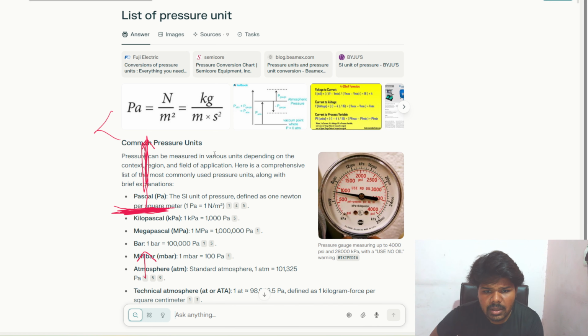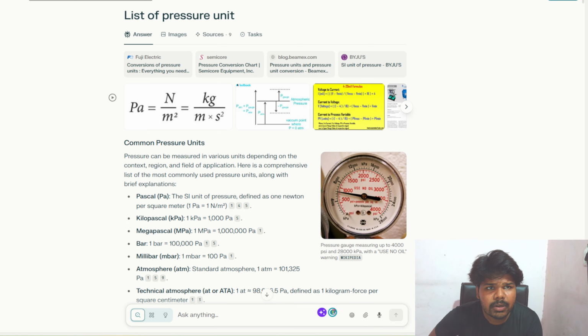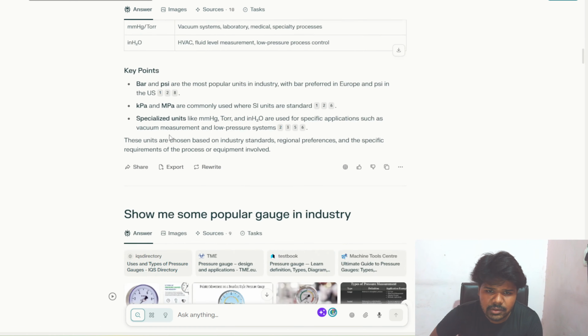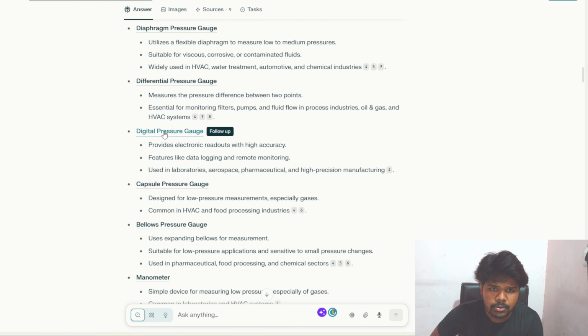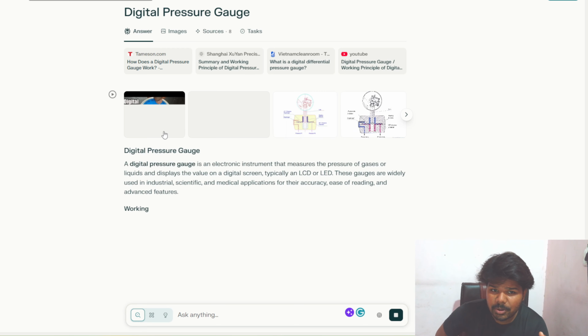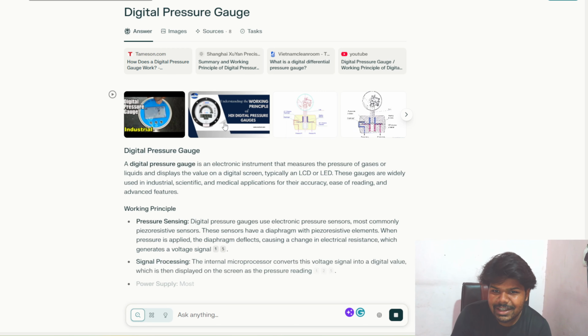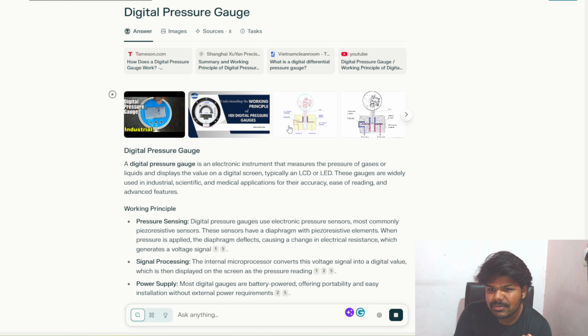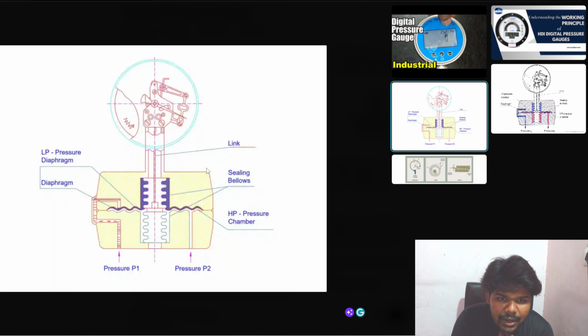Okay, and wait a minute. I have to show you other pressure gauges. You can see the diaphragm or Bourdon tube. Now a digital pressure gauge is very difficult to understand because this is not a mechanical type. So how can I explain it to you?